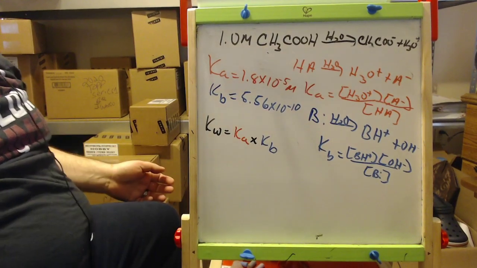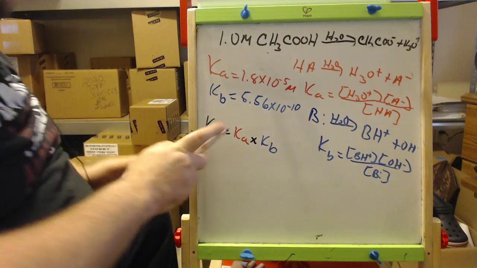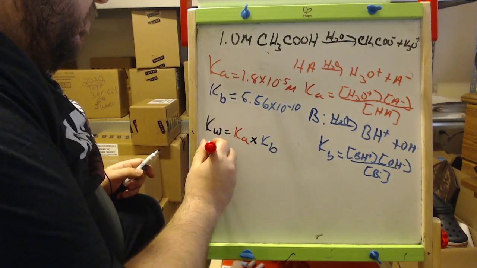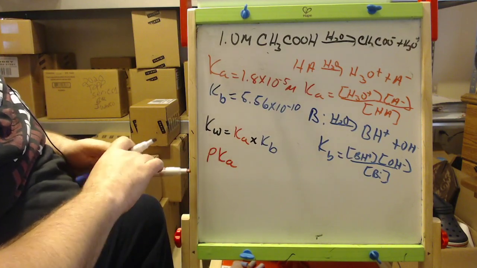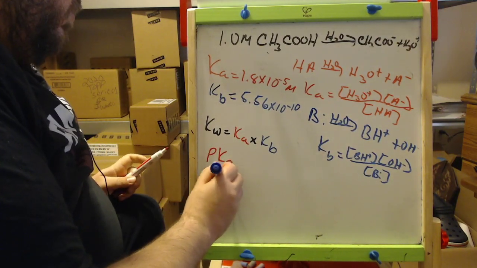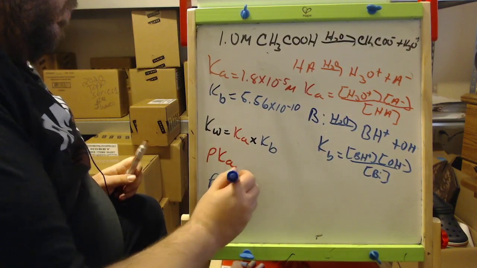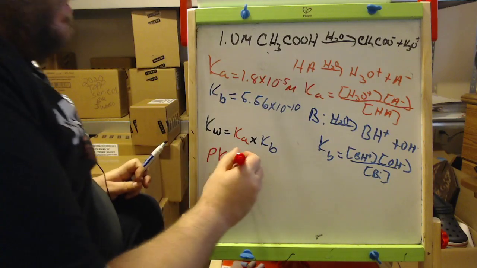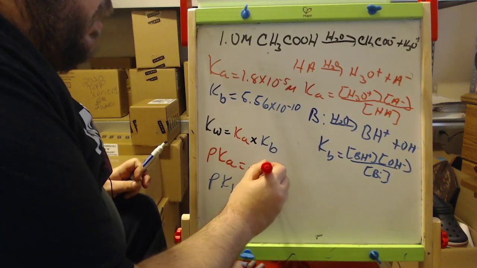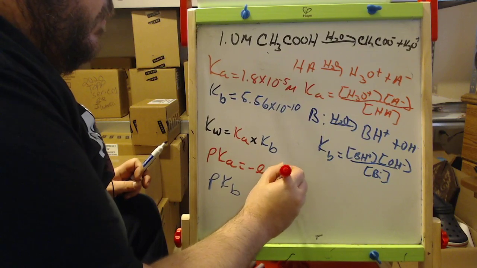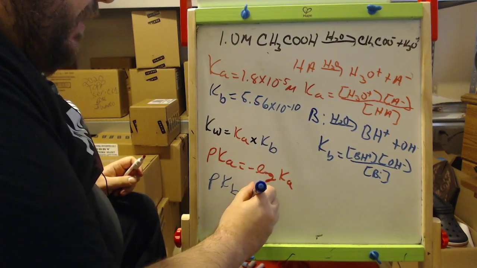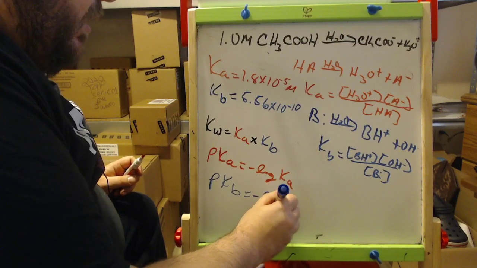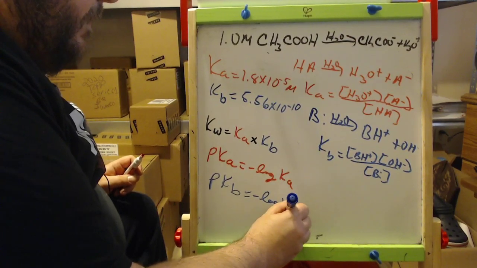Now, there's one more we can look at. pKa is the negative log of the Ka. pKb, since we see that P again, is the negative log of Kb.